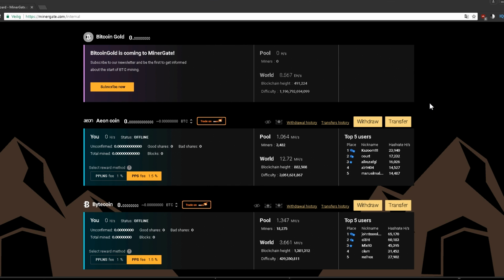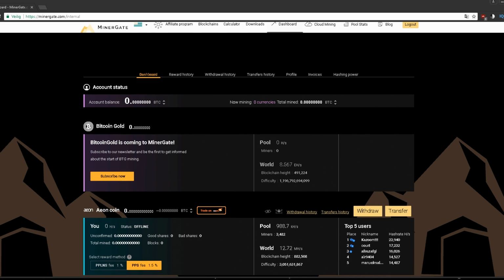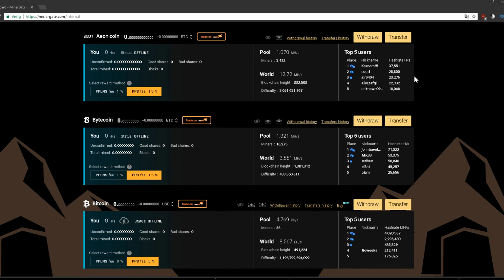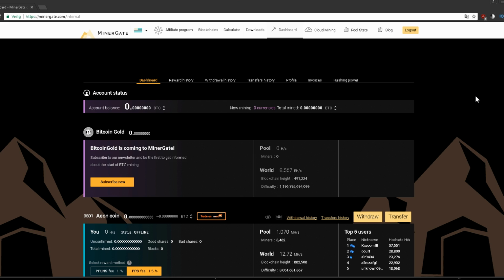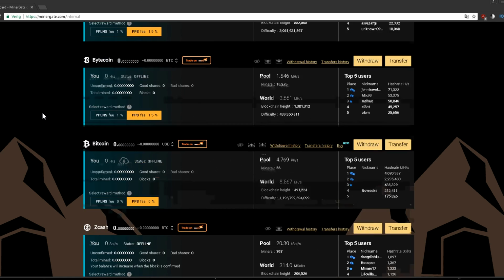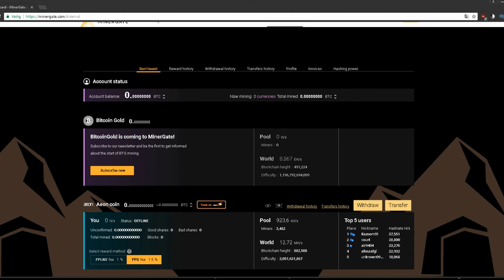Also, in a few days' time, the dashboard is usually stuck or they're updating it. And why is that? Well, because Minergate is a huge website and a lot of information goes down, so you wanna use this dashboard as a rule of thumb and a general clock to see what is going on and what your hash rate is, how many coins are unconfirmed, etc., etc. I'll be explaining what these things mean now.